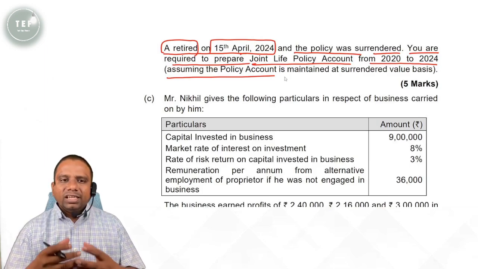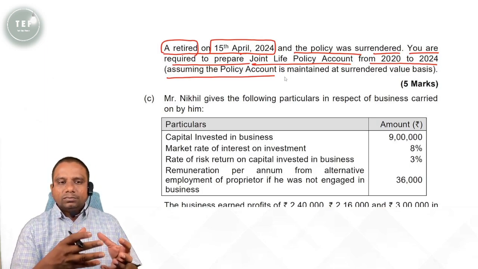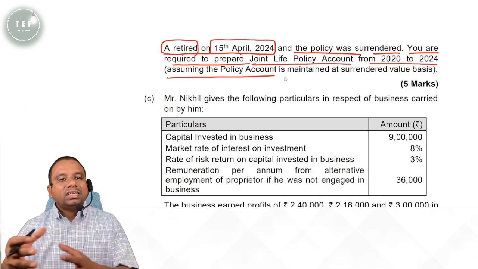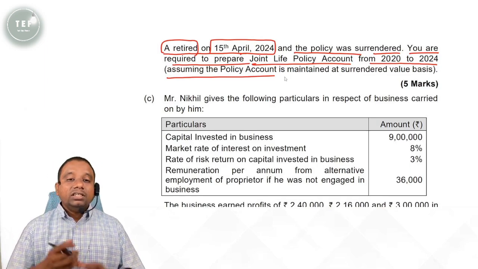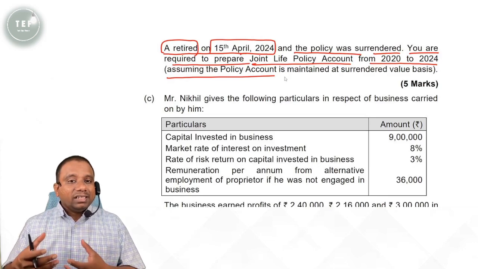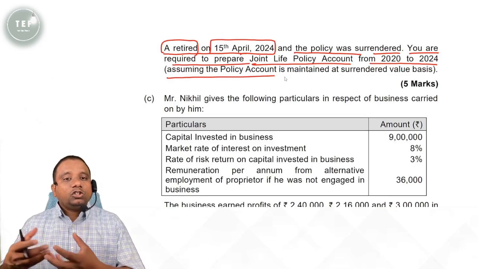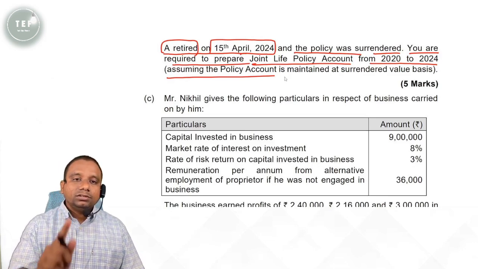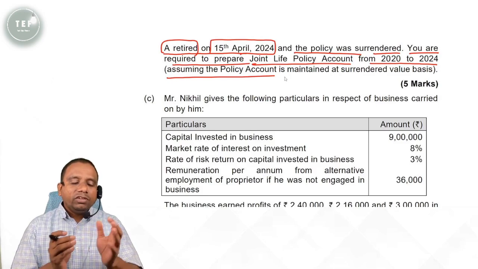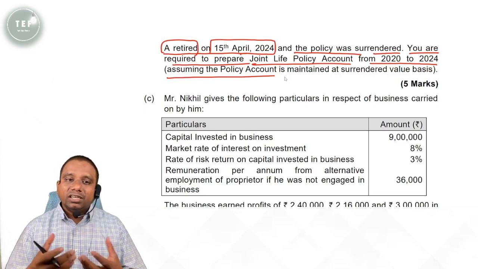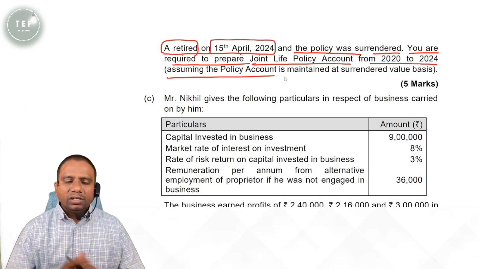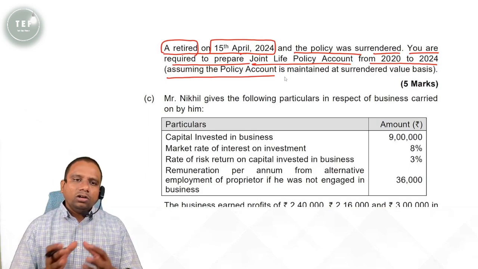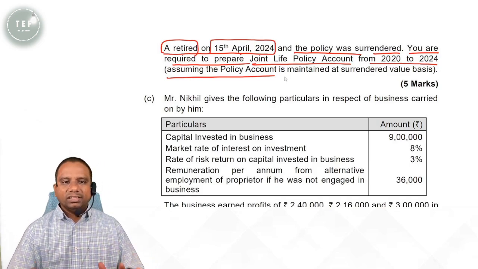Premium paid minus surrender value: the joint life policy is treated as an asset shown in the balance sheet at surrender value. The difference between premium paid and surrender value is treated as a loss and transferred to the P&L account. Third method, along with the JLP account we also maintain a JLP reserve.